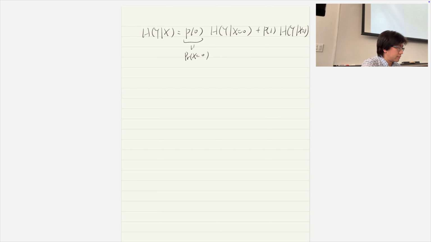Now let's see how we can compute it, because we know that y equals x plus z, or x XOR z.